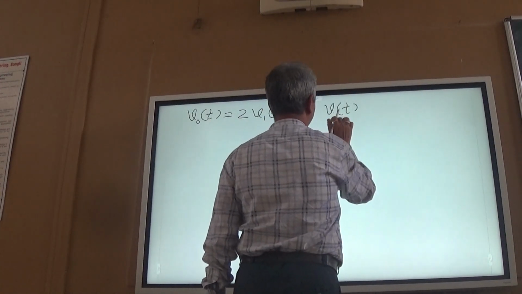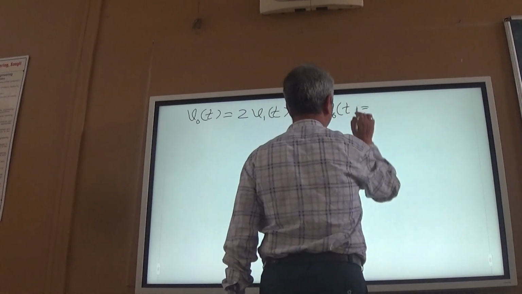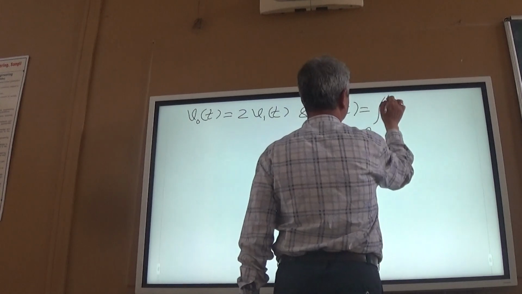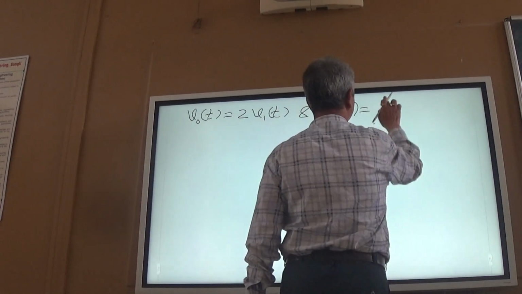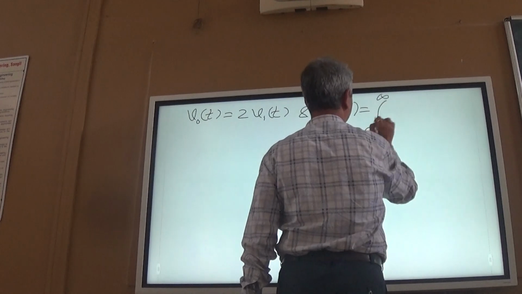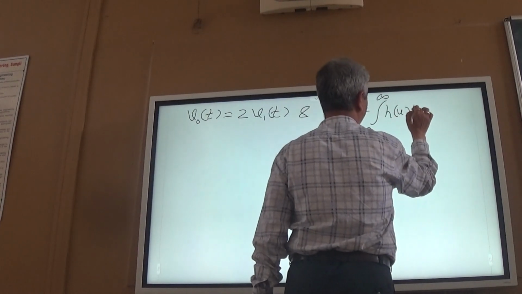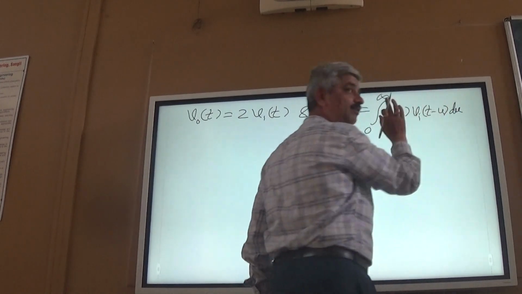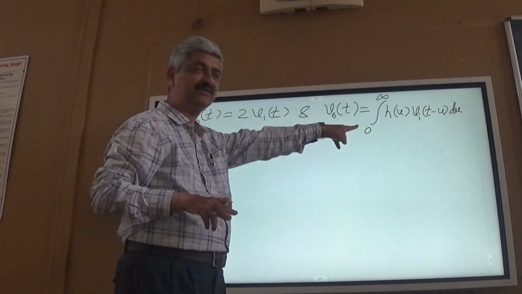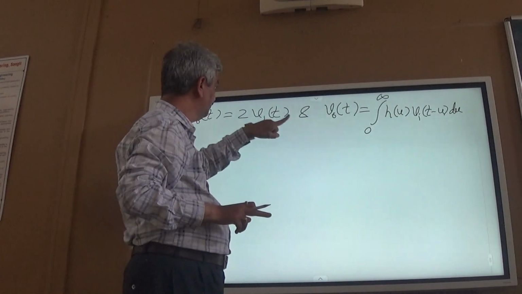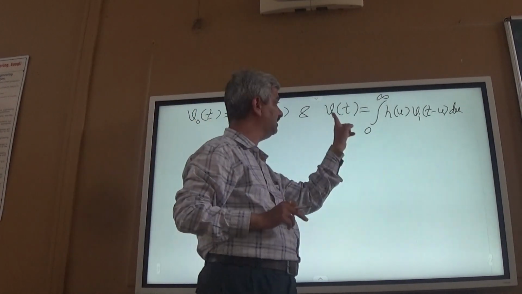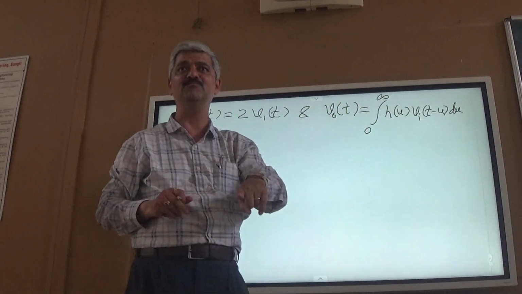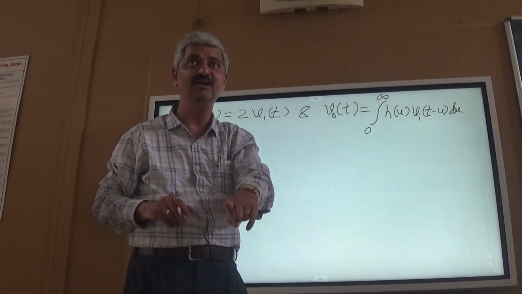For every system VOT is the integral of HU Vin of T minus U du. So for that system for which VOT is 2 Vin of T, what is HU?